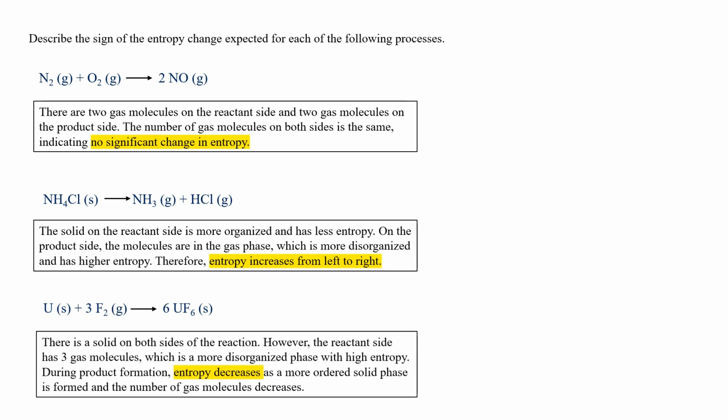However, the reactant side has three fluorine gas molecules, a more disordered, high entropy phase. It disappears on the product side. So entropy is decreasing in this reaction from left to right. The reason is that a more ordered solid phase is formed on the product side and the number of gaseous species decreases. So it becomes more ordered products from disordered reactants. Entropy decreasing.